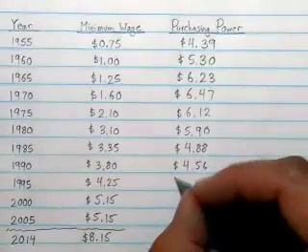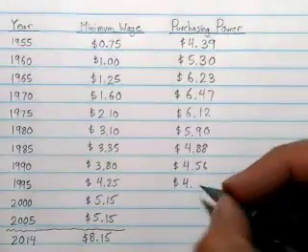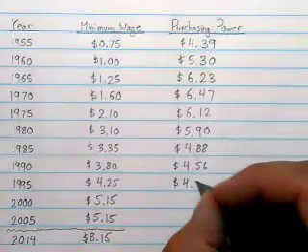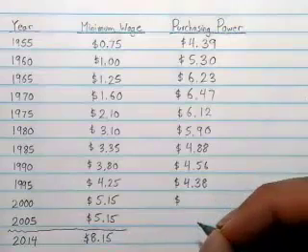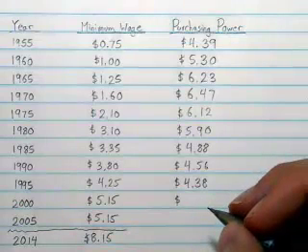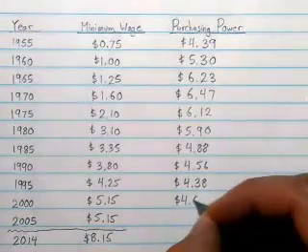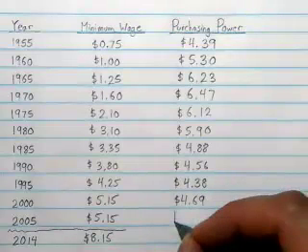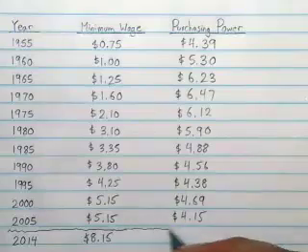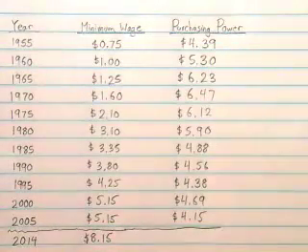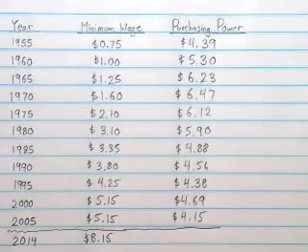And I'm not entirely sure why they did this, but the purchasing power that they used is in 1996 dollars for some reason. So it's not based off of today. So we don't know what the purchasing power is off of the data from 2014. So we can't complete the table there, but we can play around with the minimum wage part of it anyway.